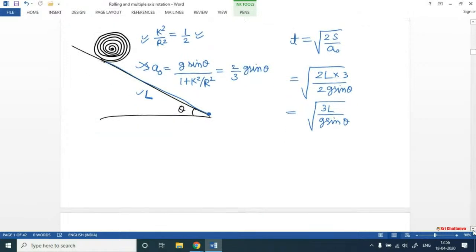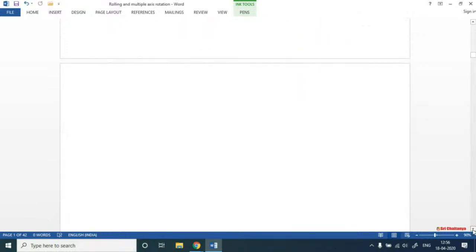So now let's move on to some problems where we would be having slipping at the point of contact. Means you can say either it can be forward slipping or it can be backward slipping. So let's take one case of forward slipping.